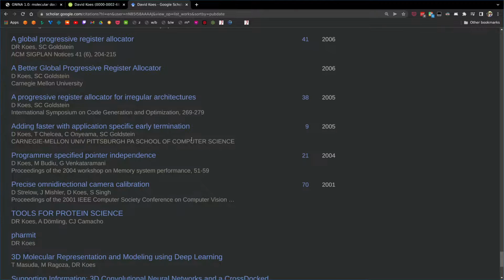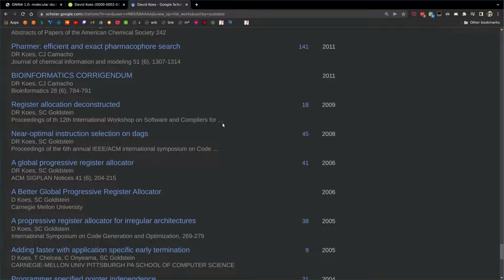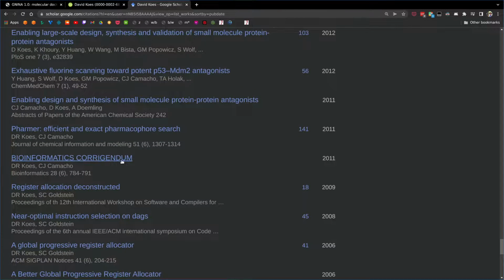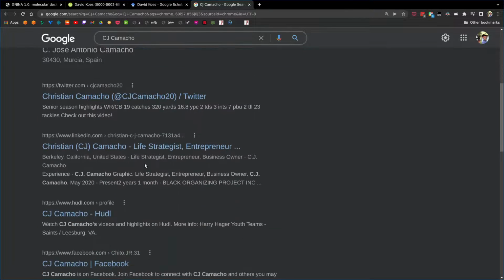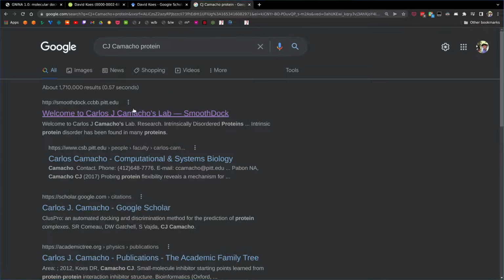Cool, computer science. Oh, Camacho. That is so familiar. Protein. Yes.